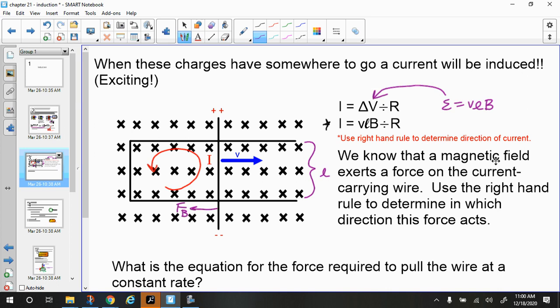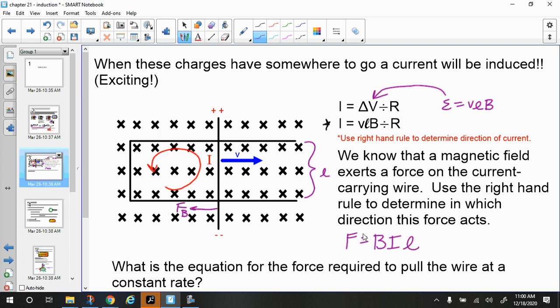So we know that a magnetic field exerts a force on a current carrying wire. So we're going to use the right-hand rule to determine which direction this force acts. So now let's think about the current carrying wire. So here's my current carrying wire. I'm going to use my right-hand rule, which is F equals B I L. We've already done some work with that equation.